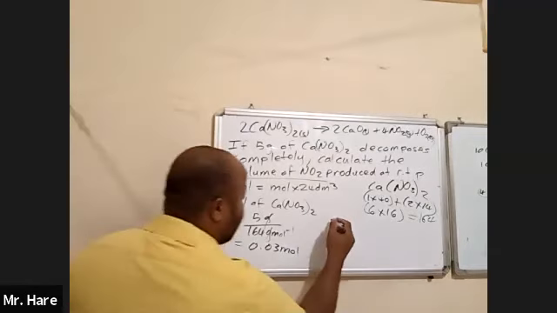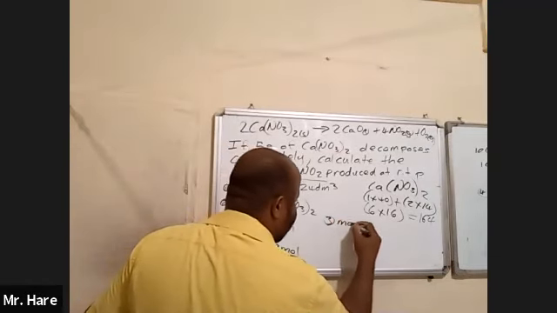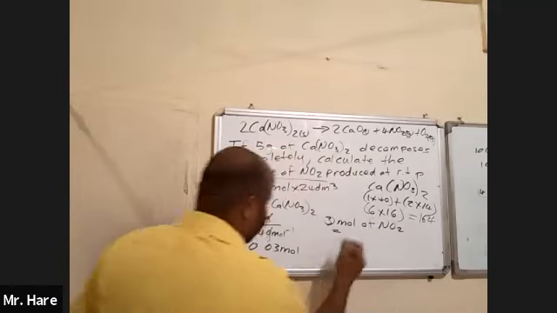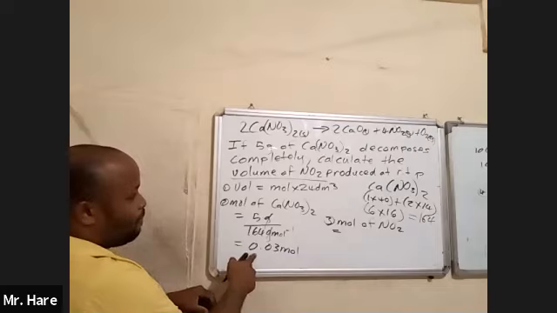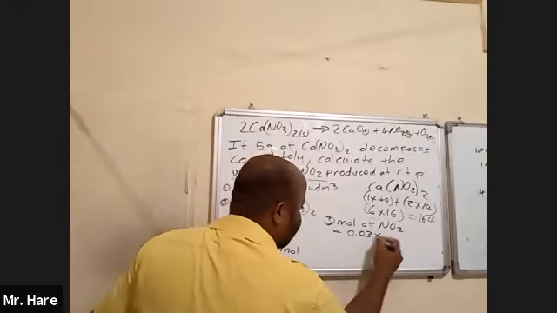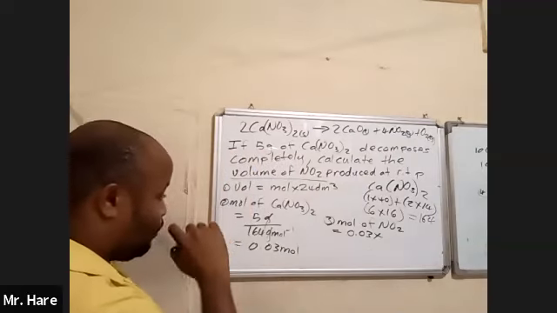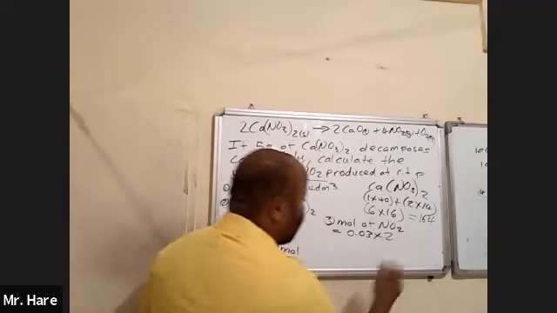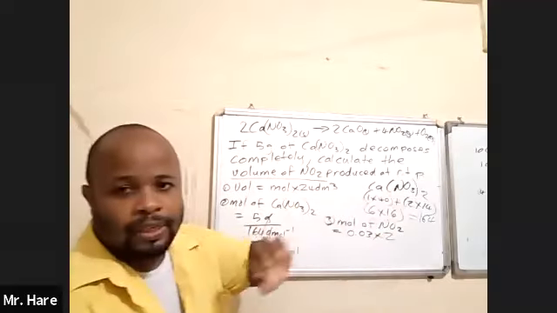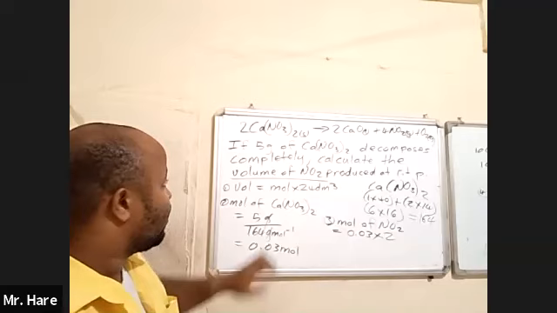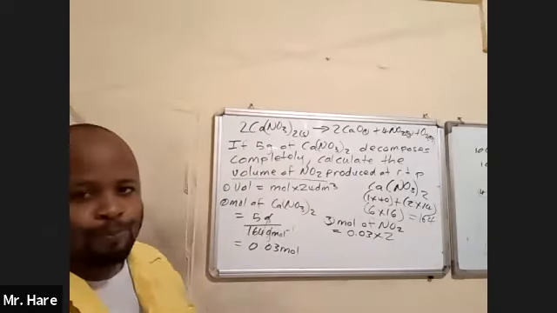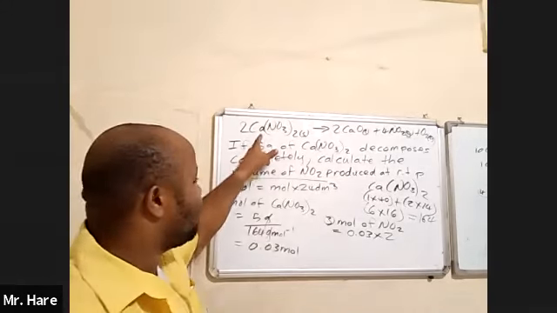So how would we get the mole of NO2? It would be the 0.03 times 2, because it's a 1 to 2 mole ratio between calcium nitrate and NO2.